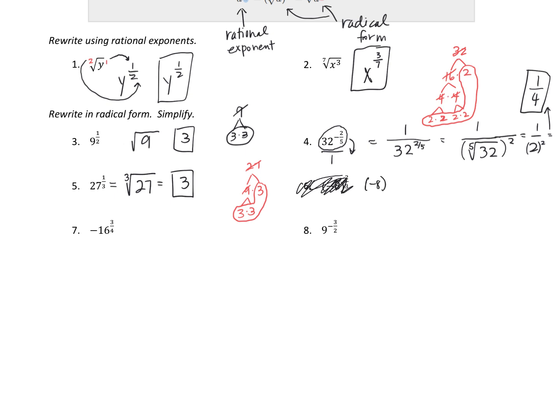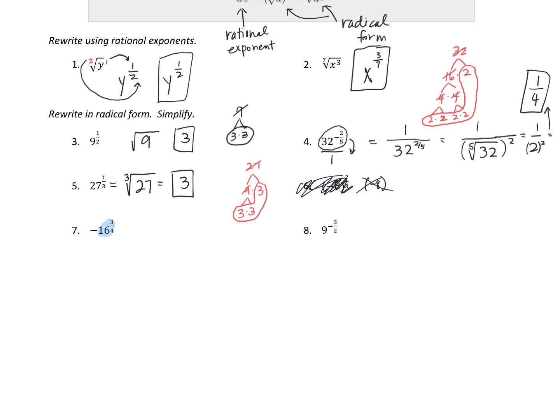In the previous one, negative 8 was your base, and you have to keep in mind what happens if you have a negative raised to certain powers and the root. If you don't have parentheses around it, then the only thing raised to that power is the number itself, not the negative. So the negative just comes along for the ride. So this one is probably more reasonable for the scope of our class.